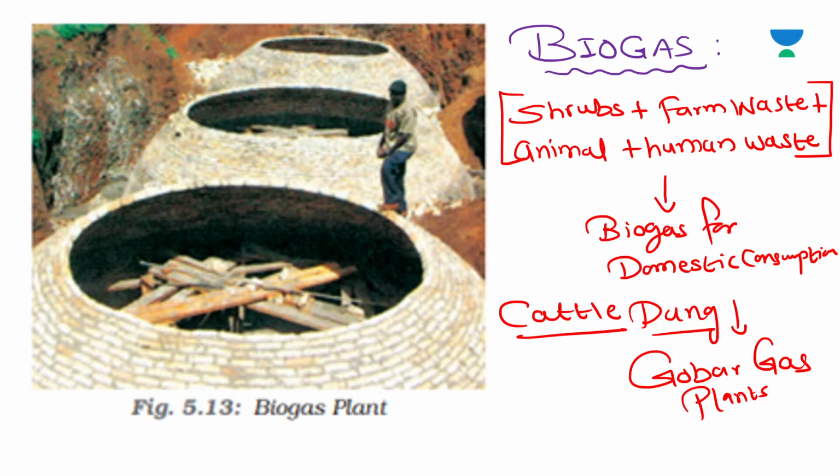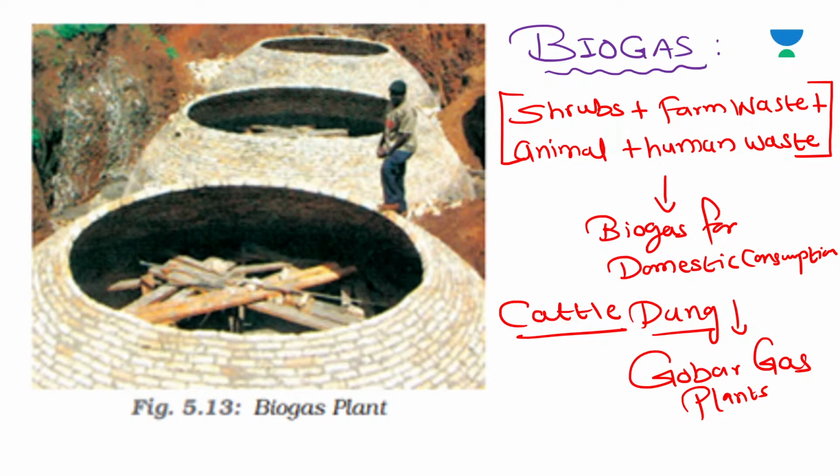Now, these provide twin benefits to the farmer in the form of energy and improved quality of manure. Now, see the biogas plant which is shown in the picture. So, biogas is by far the most efficient use of cattle dung.